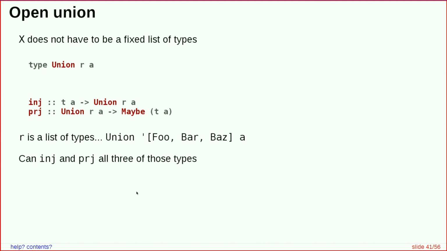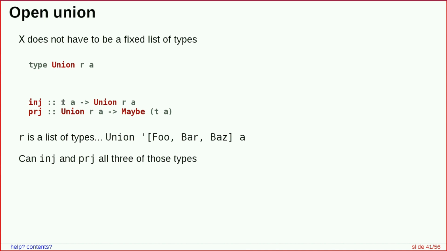Okay, so you can define a type like this: union, foo, bar, baz. These are types, and I can inject in to a value of this type, which looks a bit weird because it's got a list in it, even though it's a type signature. If you give me a foo, I can give you a value of this type. If you give me a bar, I can give you a value of this type. If you give me a baz, I can give you a value of this type.